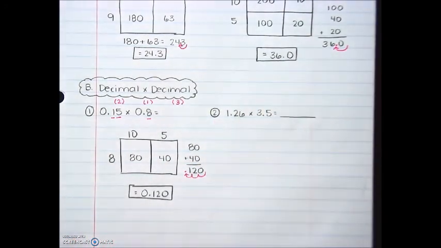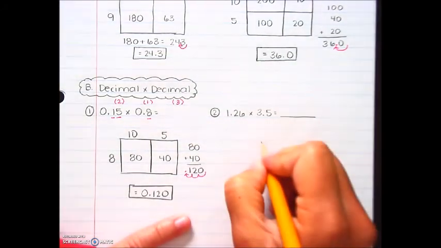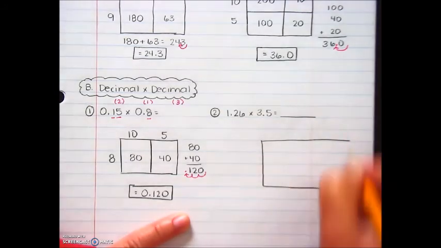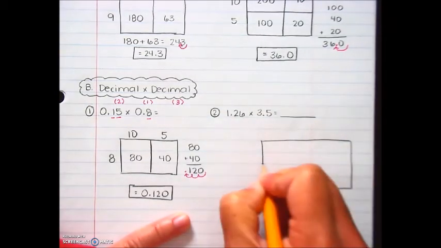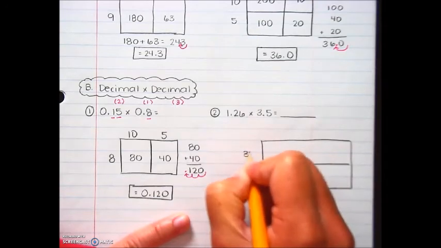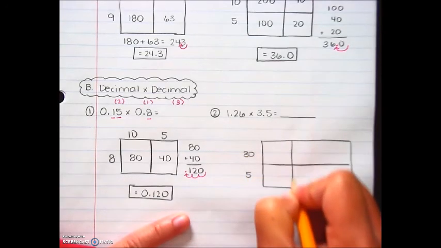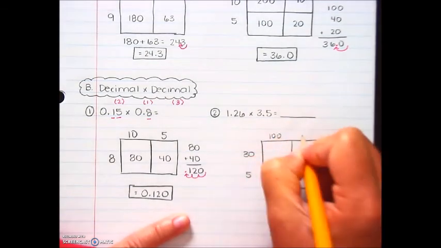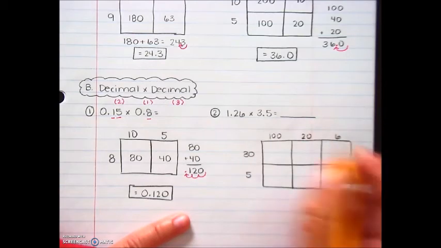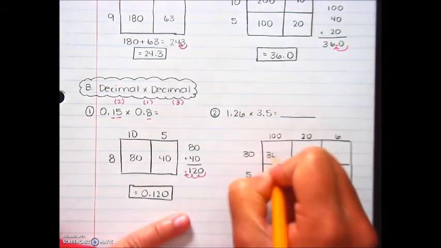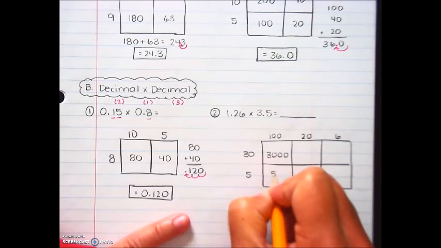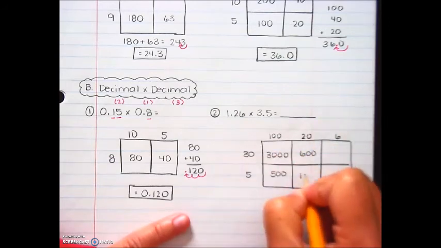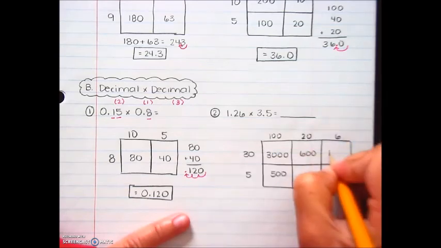In 1 and 26 hundredths times 3 and 5 tenths, same thing, but this is going to be as if it is a 3-digit by 2-digit problem. So I will have 30 and 5, and the 1 and 26 hundredths I'm going to pretend is 126, so I'll have 100, 20, and 6. 100 times 30 is 3,000. 100 times 5 is 500. 20 times 30 is 600. 20 times 5 is 100. 6 times 30 is 180.